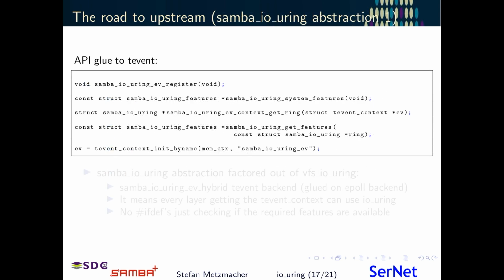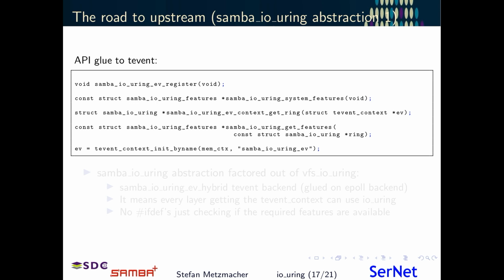So the abstraction we will have in Samba is a Samba io_uring subsystem, and basically we will attach that to a tevent context. In our stack we typically pass down the tevent context to all layers, and with that we would be able to get the io_uring context from everywhere in the stack in order to use it.